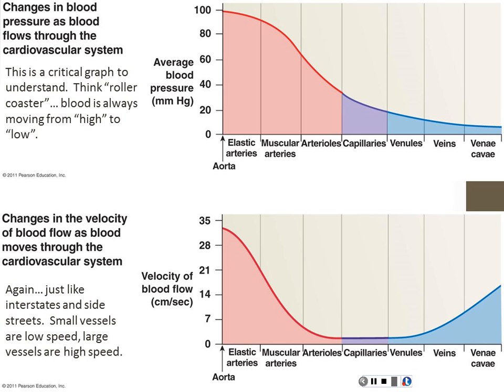Well, in the capillaries of your muscles, as you start to exercise, your muscle cells are going to burn through oxygen faster, right? Because they're going to generate ATP. So the oxygen level in this tissue will go down. The response to that is for this sphincter to dilate, allowing more blood to flow through this capillary, bringing more oxygen, which then corrects the original problem, right? So the oxygen level goes back up.